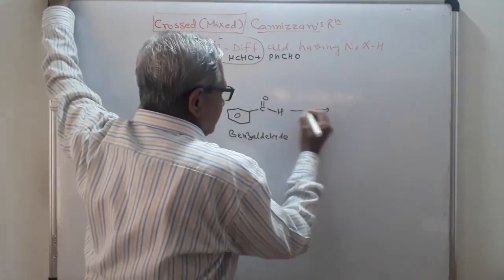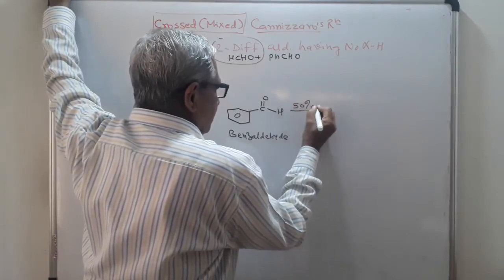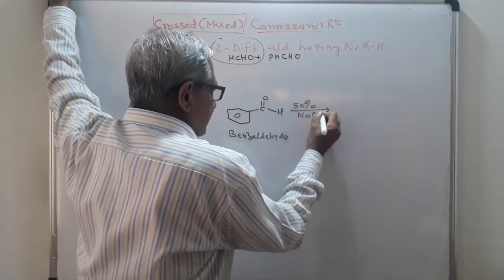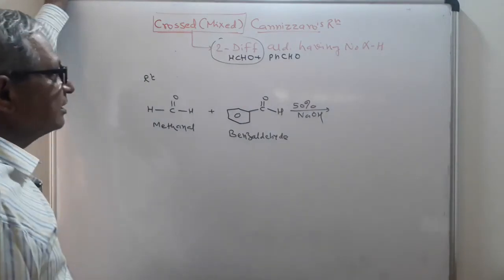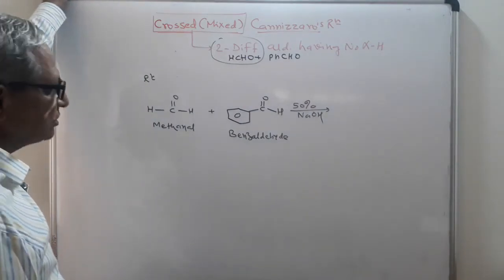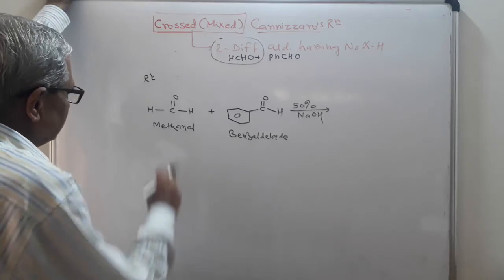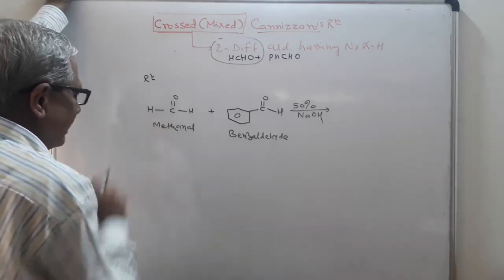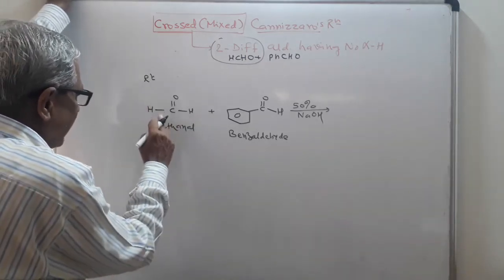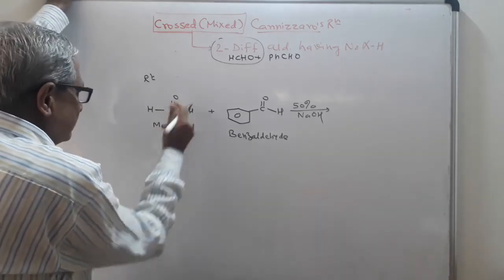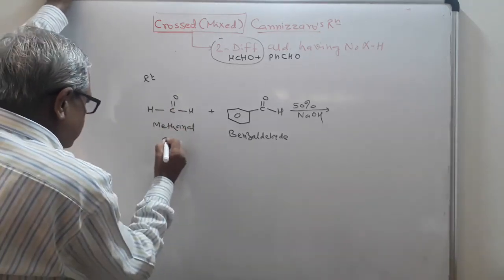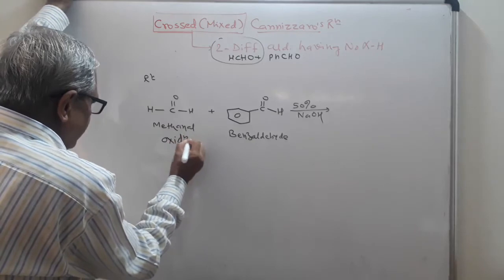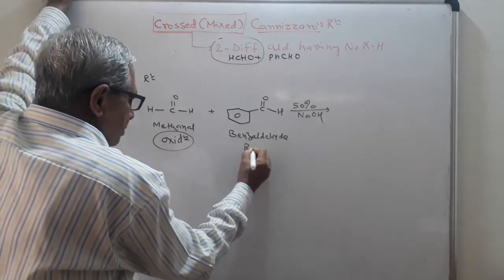These are treated with 50% NaOH, or it is also called concentrated NaOH, so that Cannizzaro, particularly crossed or mixed Cannizzaro. See, in this case, two hydrogen atoms are directly attached. Therefore, you can break either this bond or this bond. It is a weaker bond, and therefore this will undergo oxidation and this will undergo reduction.